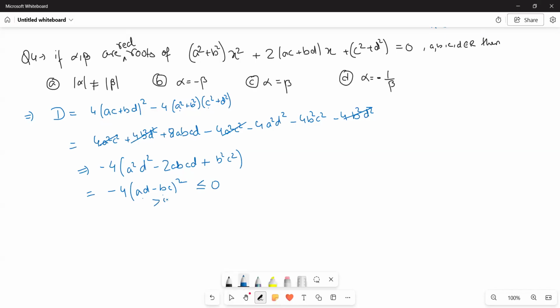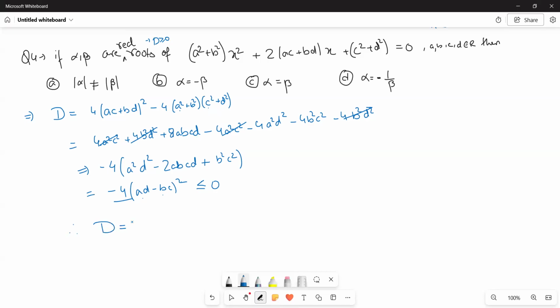Any perfect square will always be greater than or equal to 0, multiplied with a minus 4 will become less than or equal to 0. But it is given that the roots are real, so for real roots the condition is D greater than equal to 0. But here we are getting D less than equal to 0. When will the two conditions concur?